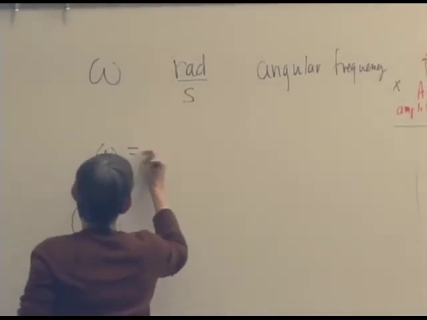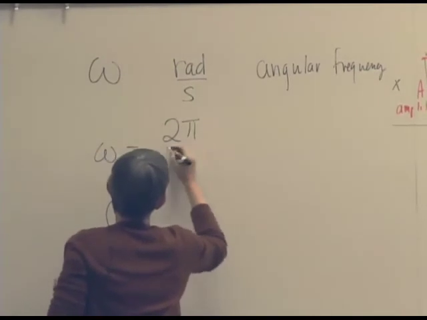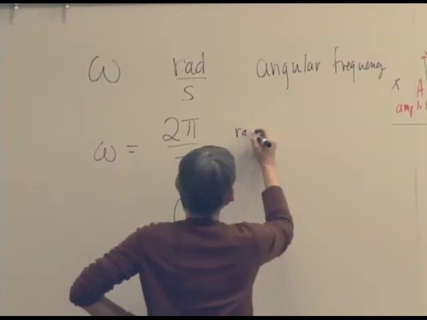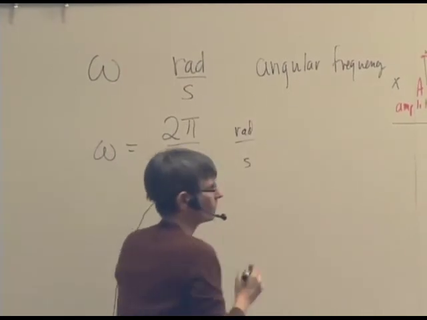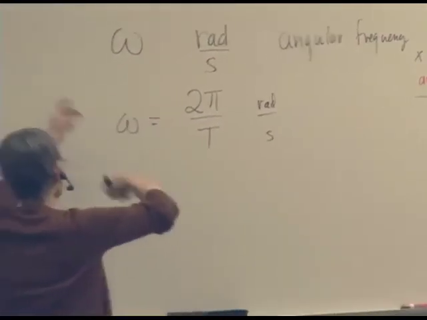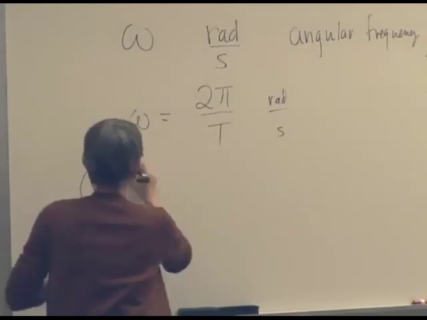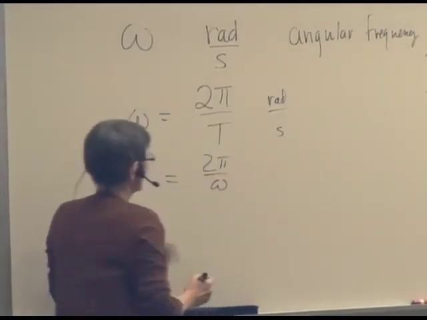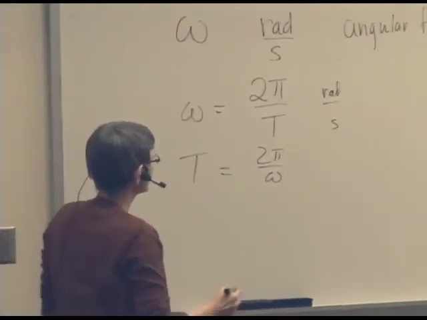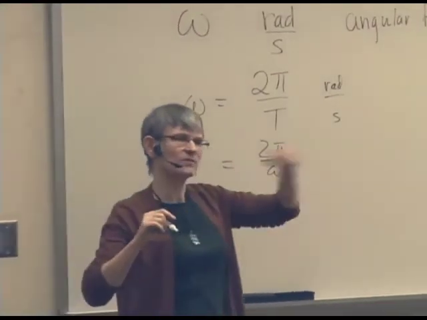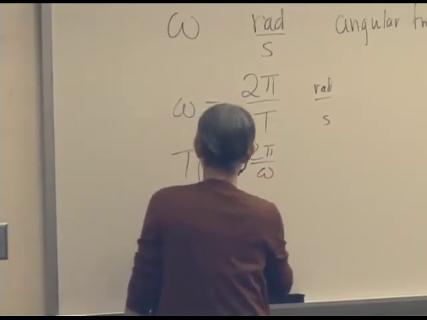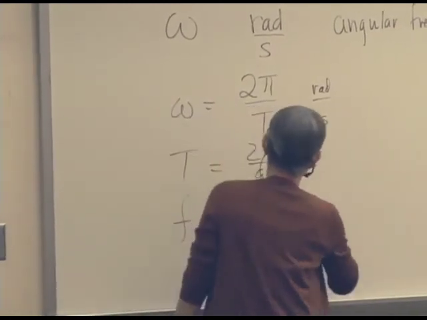So it looks like omega should be 2 pi over the period, 2 pi radians in T seconds. And so we can ring changes on this. The period is 2 pi over omega. There's also another thing called the frequency, the number of complete cycles per second, and that's just 1 over T. So that's frequency.